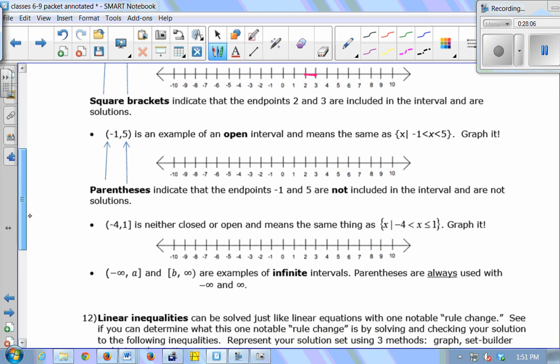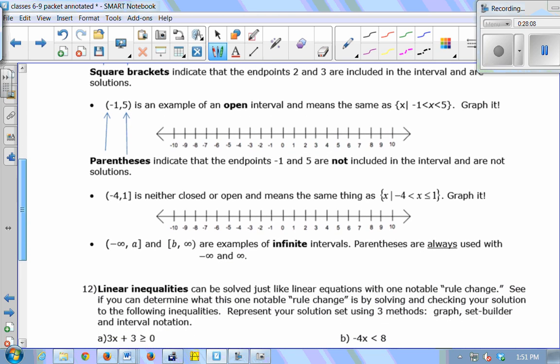And then here's another example with round brackets this time. Parentheses indicate that the endpoints are not included in the interval and are not solutions. So here -1 to 5. Again, smallest number on the left always, biggest number on the right always. So we have -1 to 5, but we're not including the endpoint, so you put open circles on them.